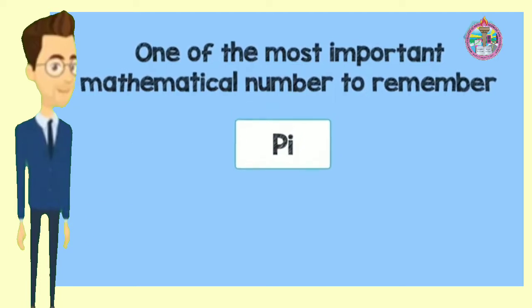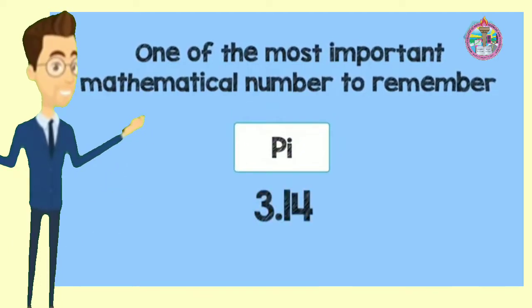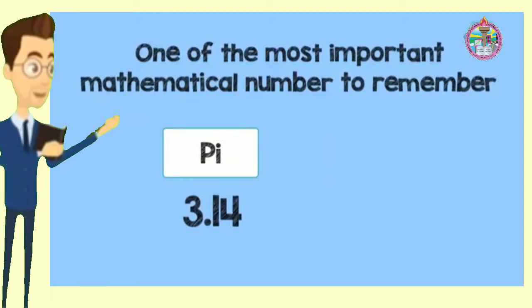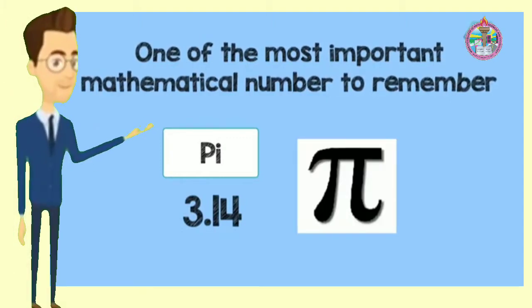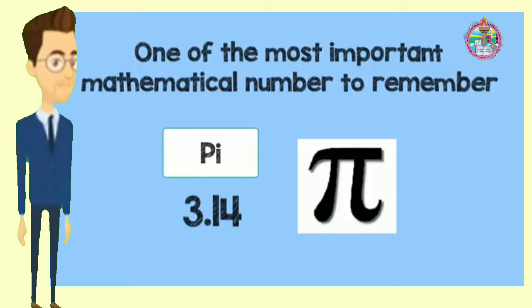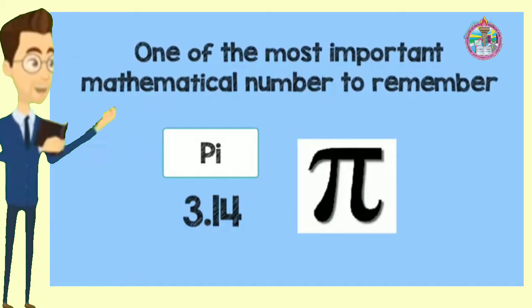The value of pi is 3.14, a round off of value of pi into two decimal places. Also, pi has a Greek symbol and it looks like this. Some people just use this symbol to represent pi to be infinitely accurate. So that's what pi is all about. Now you already know the parts of the circle and the pi, so you are now ready to solve the circumference and the area of the circle.